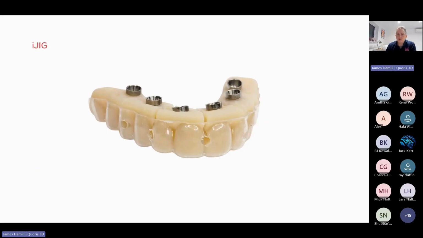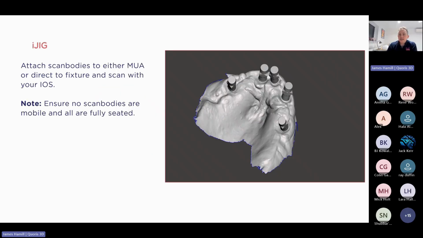The iJig is the only one that we haven't covered, and the iJig is just using normal scan bodies from your implant system. Okay, hopefully it will be on MUAs if you're being kind to us and yourself, but also if it has to be on some of these refurb cases, perhaps it can also be direct to fixture. And you're going to scan that with your iOS.